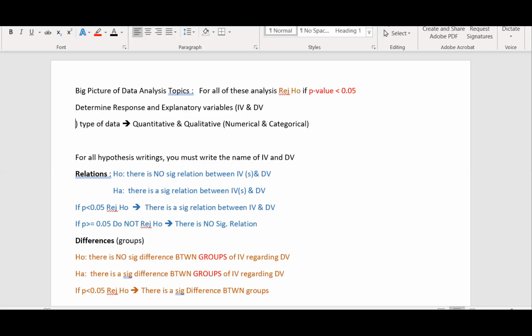Which variables IV, which variables DV. You also need to determine type of data. Determine response explanatory variable, determine type of data.